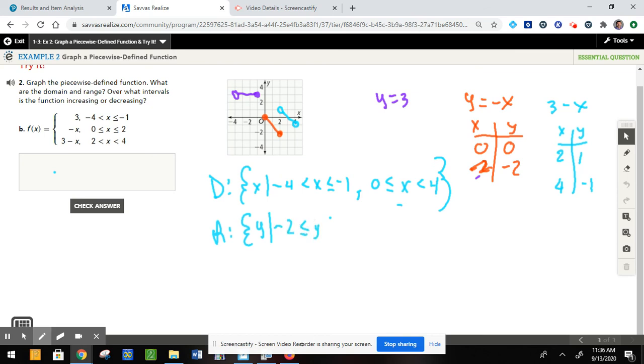And it's less than or equal to because it's a closed circle down there. It is covered by the red and the light blue all the way up until 1, which is just less than. And then we also have a range up here, just one spot at 3.